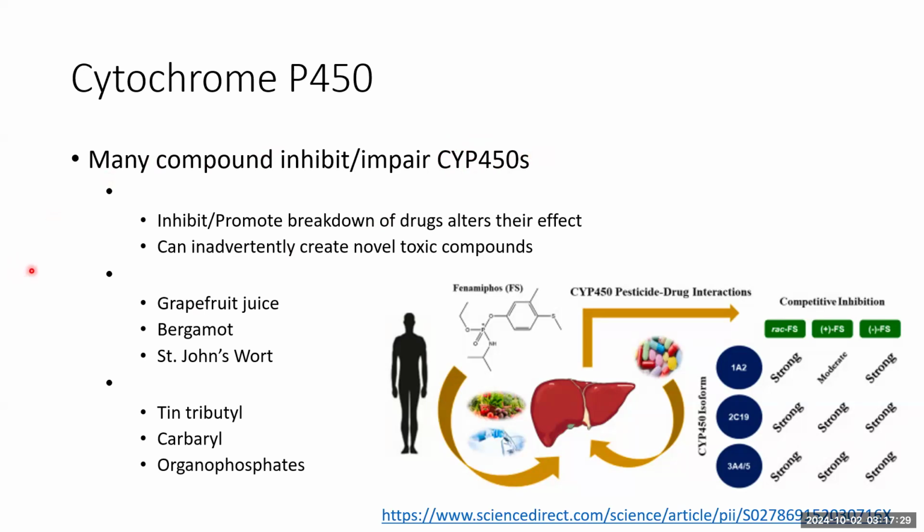All right, so we can get alterations. Cytochrome P450s themselves can be altered, and they can make weird alterations to compounds that they're trying to break down. So some drugs can inhibit cytochrome P450s, and other compounds can promote cytochrome P450s to break things down in a way that is not their original function.